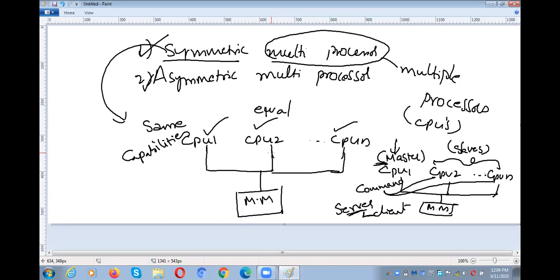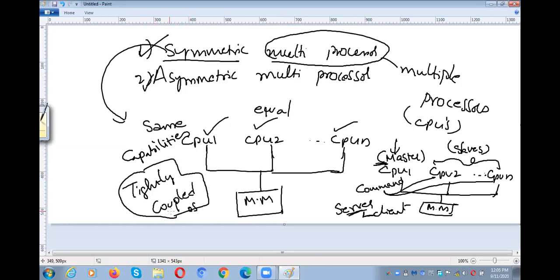And next, one more thing you need to understand here is that this is called a tightly coupled operating system. Why is it called tightly coupled? All the CPUs share the same memory and the system clock.